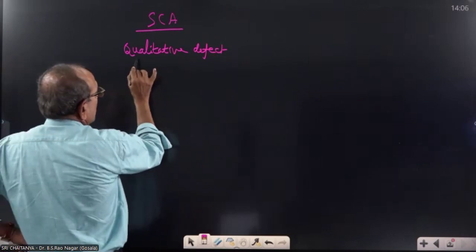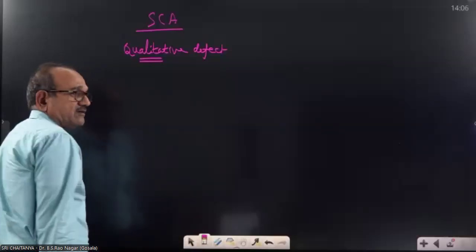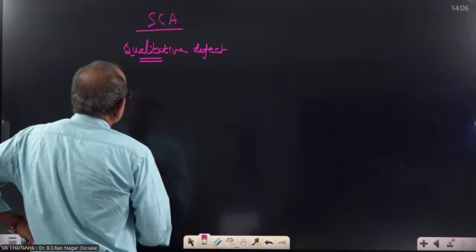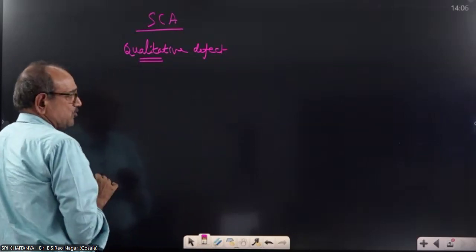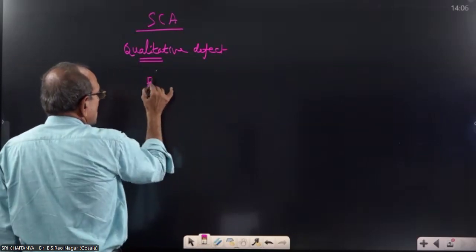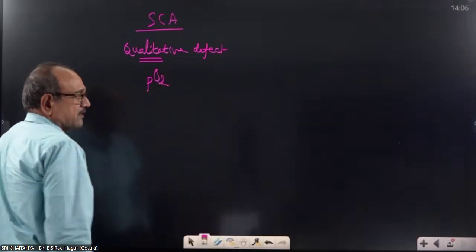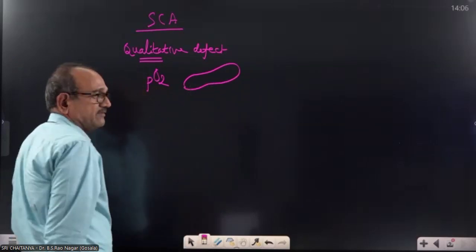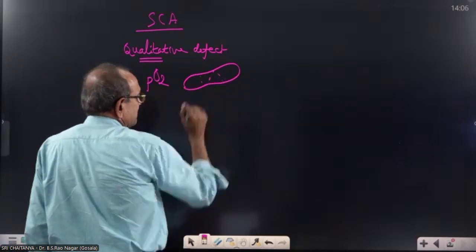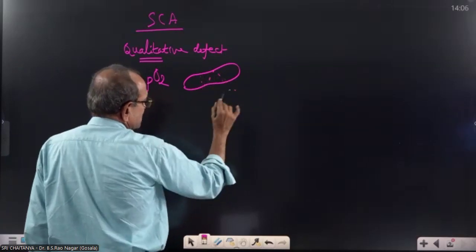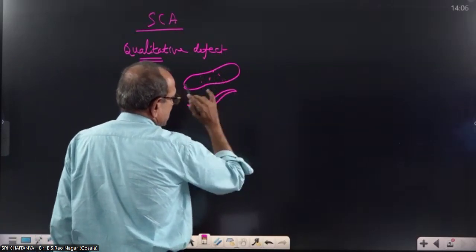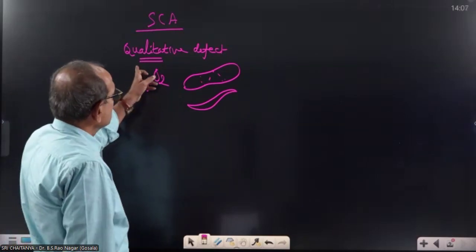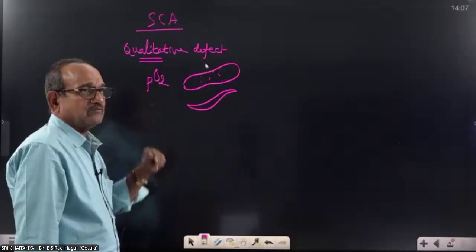This defective hemoglobin, under low oxygen tension, cross-links with the cell membrane of the RBC. So millions of molecules are there, which finally compress the cell membrane, and it becomes sickle-like, because of the interaction of this defectively functioning hemoglobin with the membrane at low PO2.